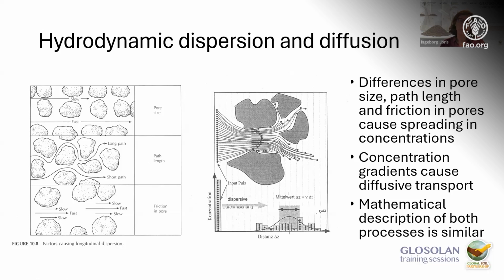So it's an extra push. So you also have diffusion. These two processes can be described similarly mathematically, so usually they are combined. We speak about effective dispersion, and that combines all of this. The hydrodynamic dispersion and diffusion are all lumped into effective dispersion.